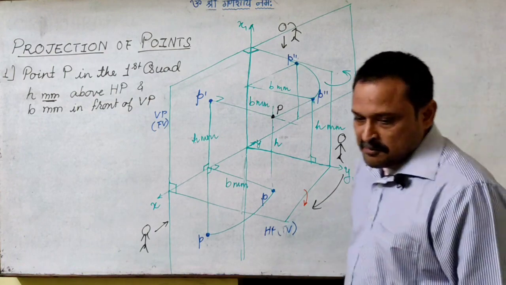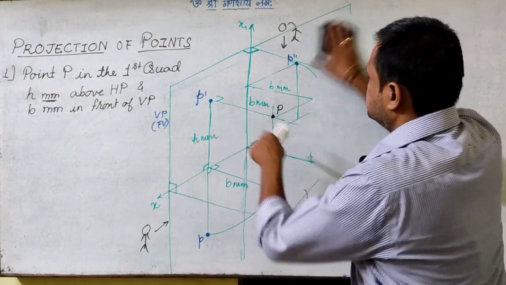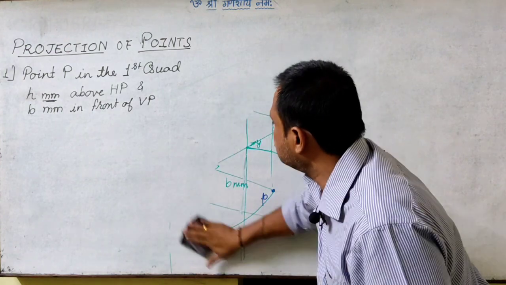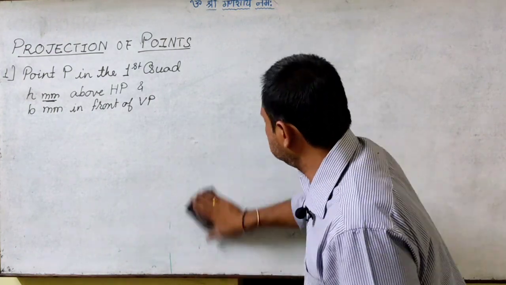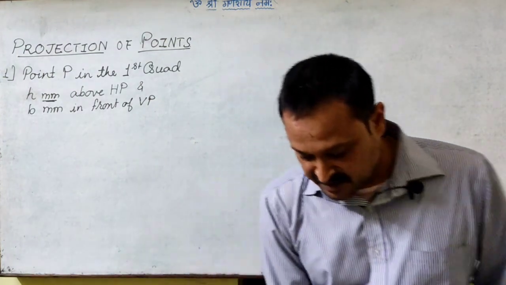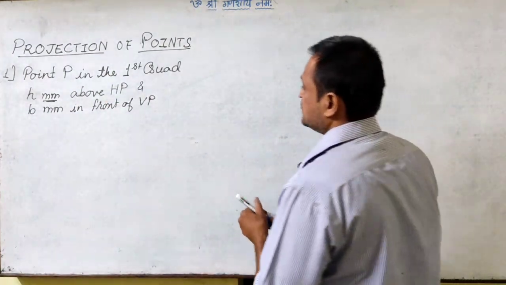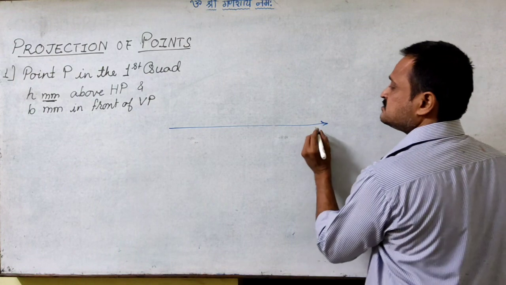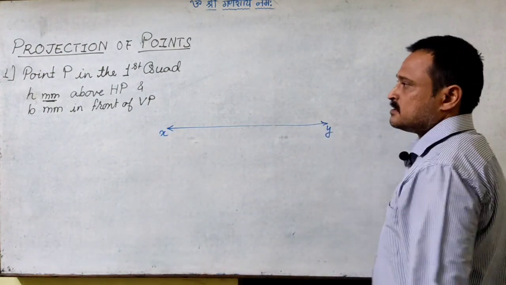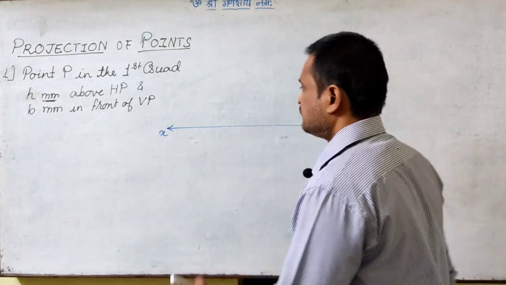Fine. So now if we go for the orthographic projection of this point and try to get all the three views, let us see, without drawing the pictorial understanding, just imagining how it can be. There is a point P in the first quadrant, so my drawing will start with a reference line. I draw this reference line as xy. Now how many points? There is only one point, so for one point there will be one projector.